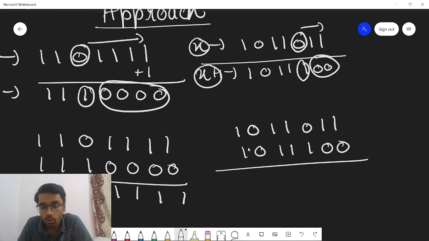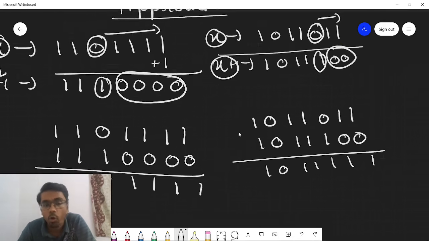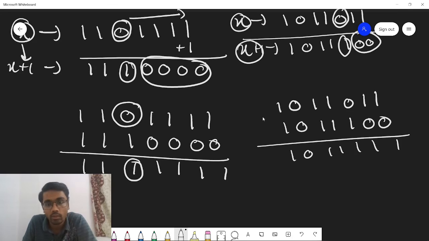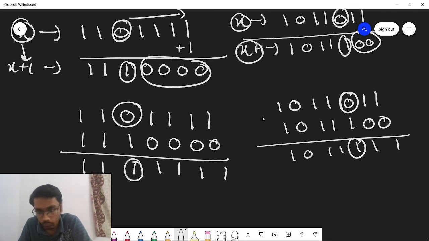If you do the OR operation, you get the answer as 1 0 1 1 1 1 1. So what do you observe from these two examples? In this example, you can see that x has a 0 bit which is getting set in the OR operation. In this also, you can see that in x there was a 0 which was set in the final OR answer. So what do you observe here?